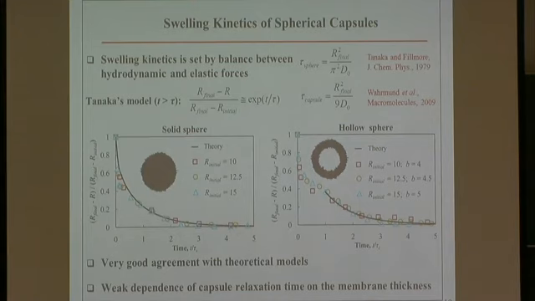We can do the same with a hollow sphere, and again, these are the simulations we did. This is the line, and these are experiments. This is this model, and there is also a set of experiments. I didn't show it here, but it fits nicely.